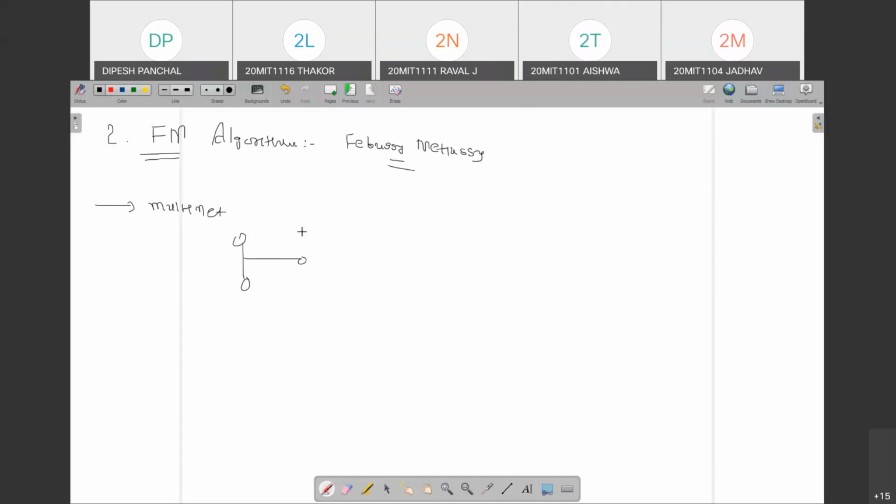Actually, this is a more realistic, more practical situation. In your actual digital designs, it is not like only one gate is connected with one wire. It is definitely this output we are taking to some other input also, like this.